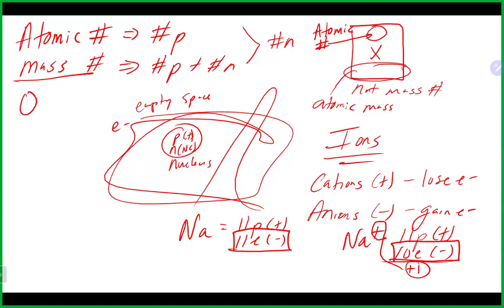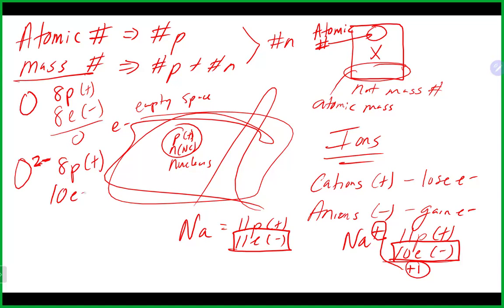negatively charged guys. So if we take oxygen, oxygen is 8. It has 8 protons and 8 electrons in a neutral oxygen. Oxygen, when it gains a charge, will become a -2 charge. And that still, again, has to have 8 protons. Otherwise, it will not be oxygen. And in this case, it will actually have 10 electrons.